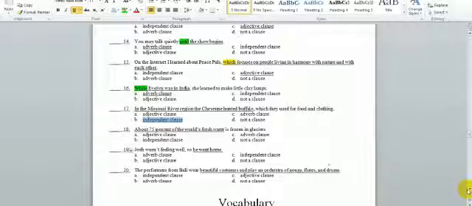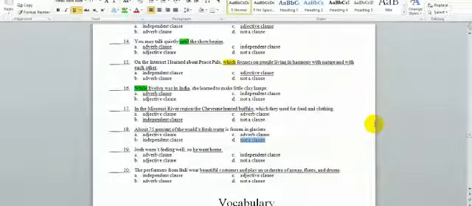If one of them is not in the sentence, that means it is not a clause, it is a phrase. So, about 70% of the world's fresh water, no verb, then it is not a clause. That's why I will underline it here.